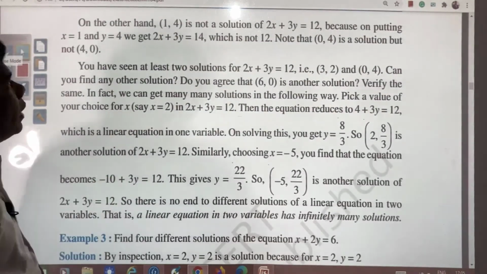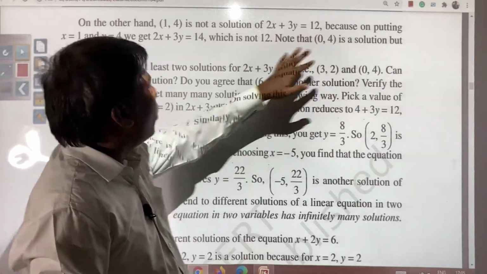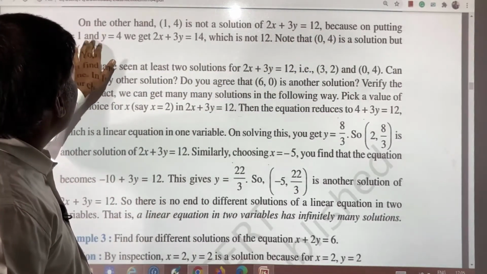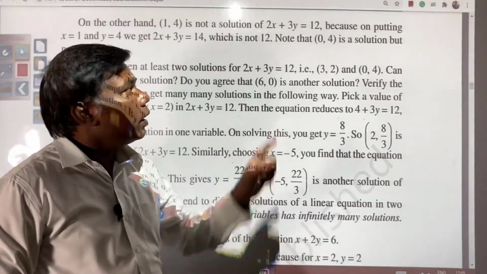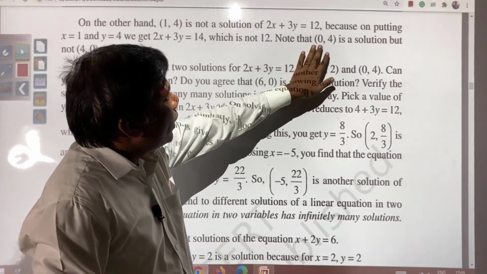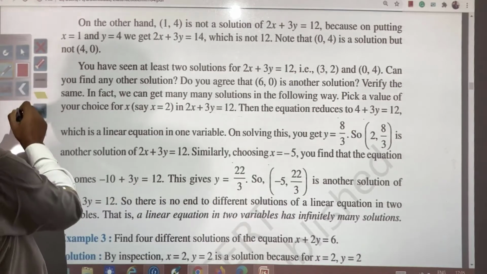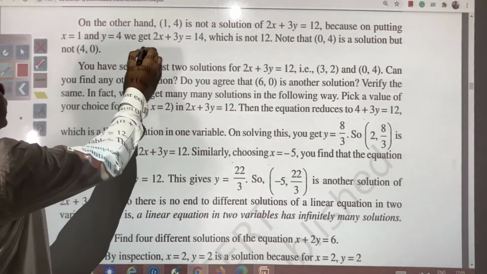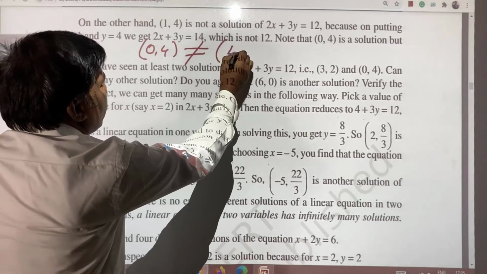On the other hand, (1, 4) is not a solution of 2x + 3y = 12 because on putting x = 1, y = 4, we get 2x + 3y = 14, which is not equal to 12. Note that (0, 4) is a solution but not (4, 0). This you remember. (0, 4) cannot be equal to (4, 0).